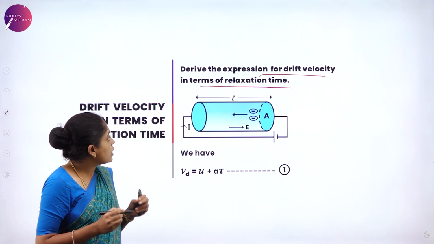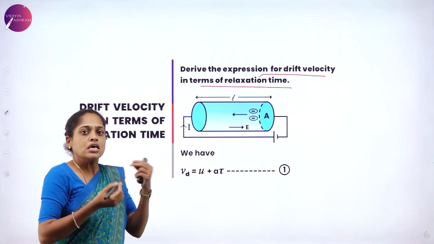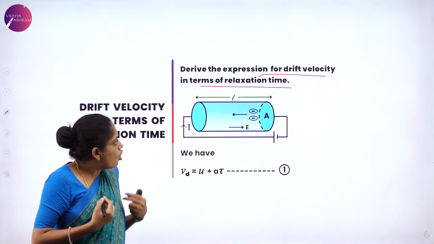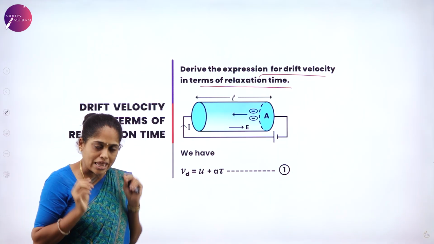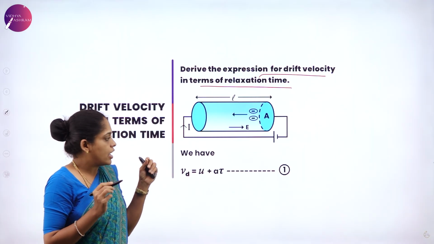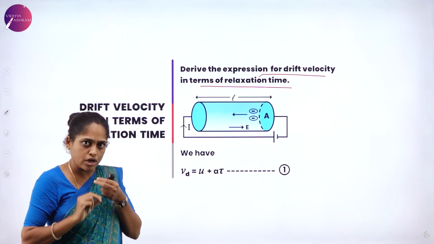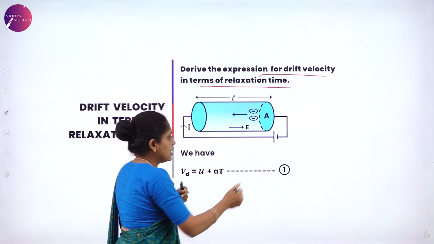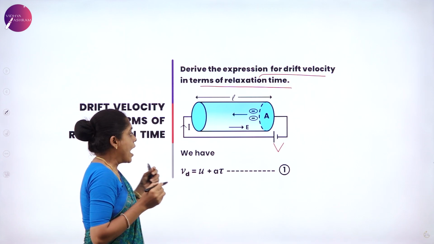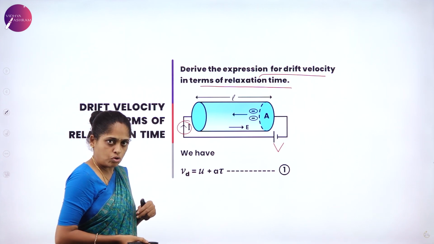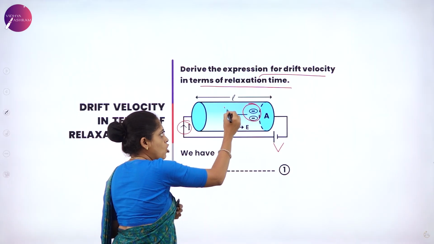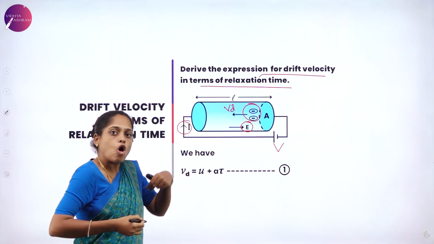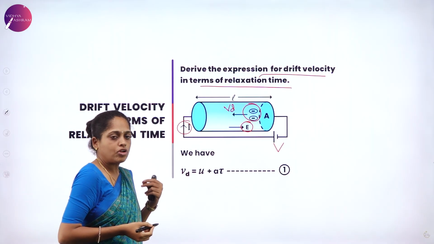The diagram for this derivation is the same as for the derivation of J equals sigma E. For all the derivations, you have to draw the same diagram: a conductor of area of cross section A, length L, electric field, battery with potential difference V, and the current I in the circuit, the direction of drift velocity of the electrons, and the electric field, which is in the opposite direction to the drift velocity.